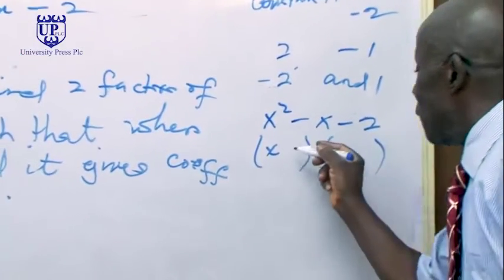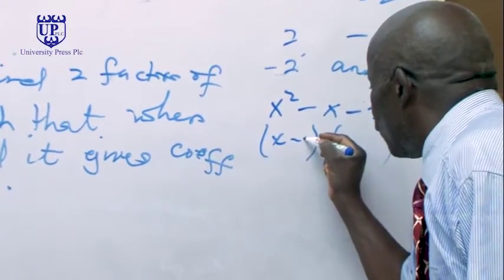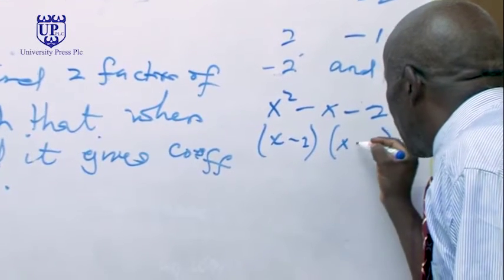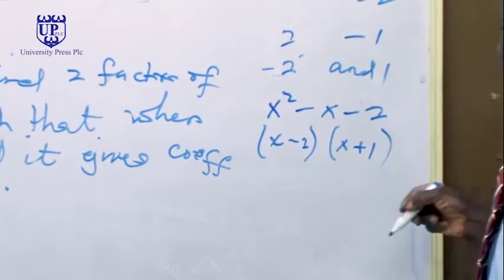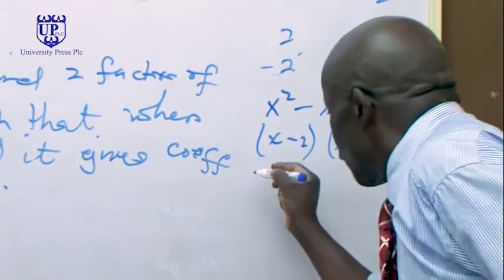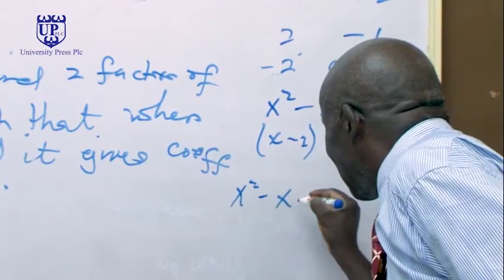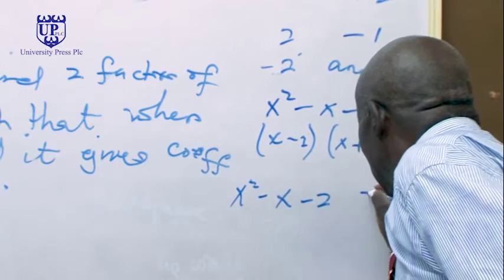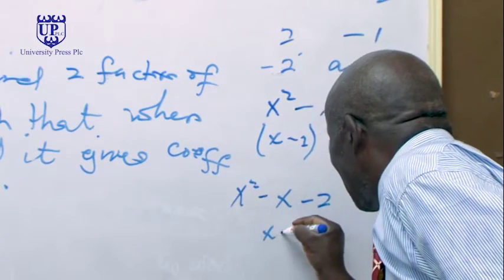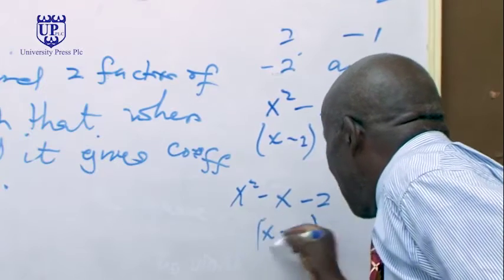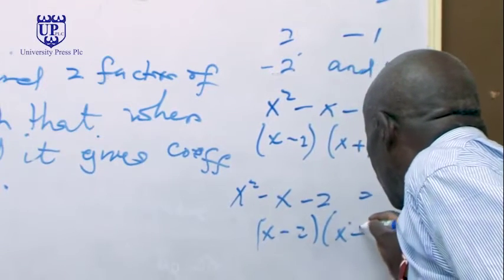So this one now will be x minus 2 and x plus 1. Now you conclude x squared minus x minus 2 is the same thing as x minus 2 multiplied by x plus 1.